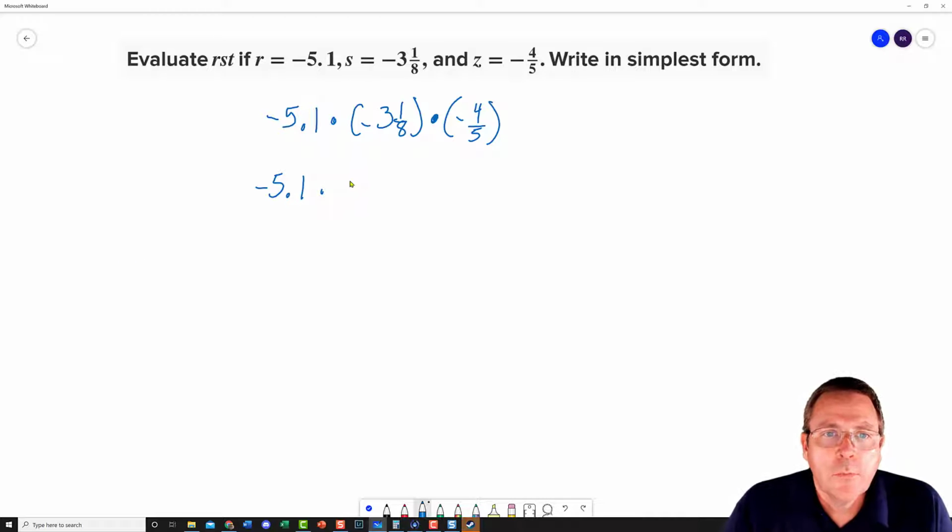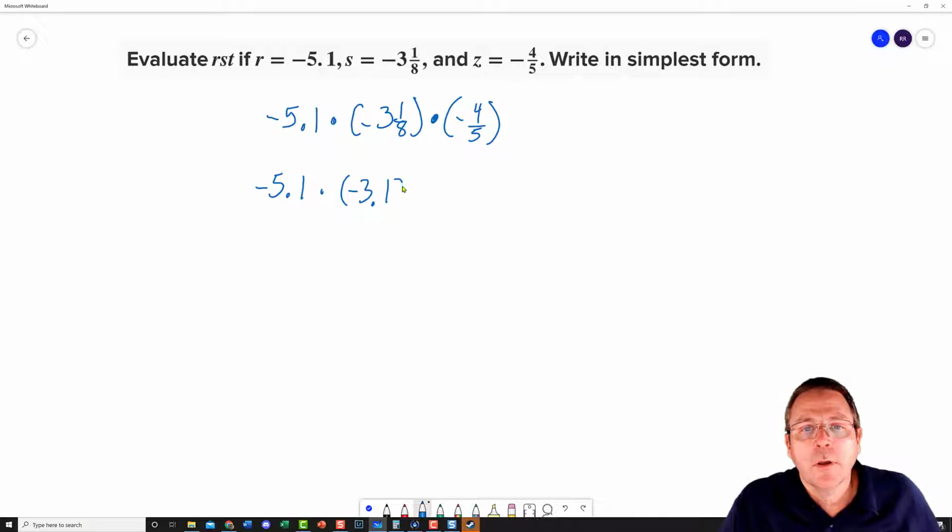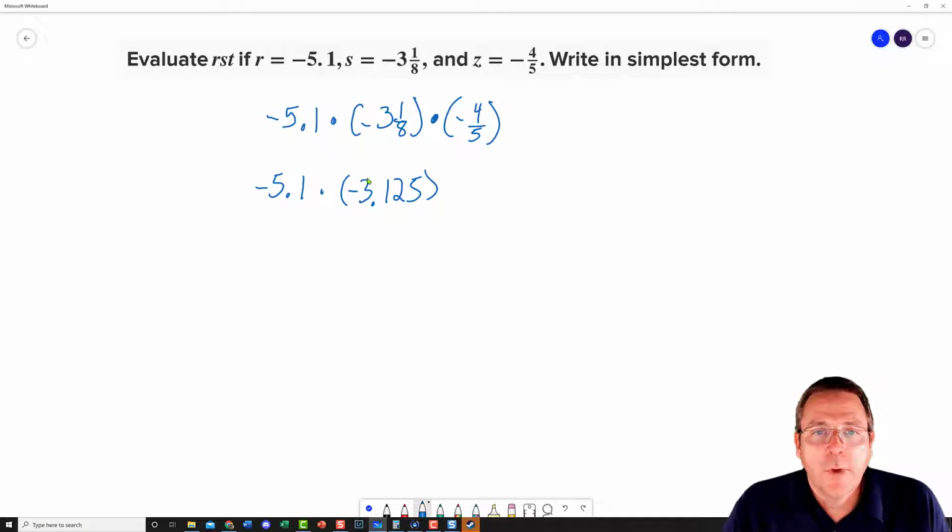So right here, we're going to have -3 and 1/8. That is 1 divided by 8 is 0.125, or, I'm sorry, I put a decimal where it didn't belong, .125. And of course we don't have 0 for this one, we have the 3, so it's 3.125. And then 4/5 is the same thing as 8/10, and 8/10 is the same thing as 0.8.